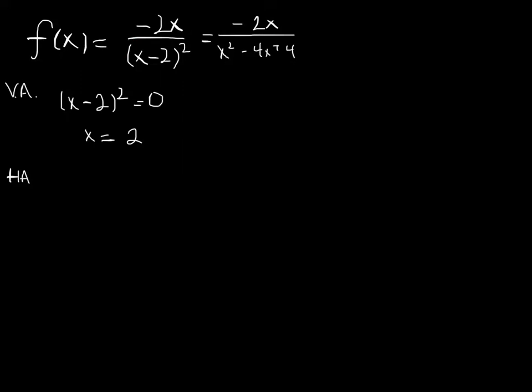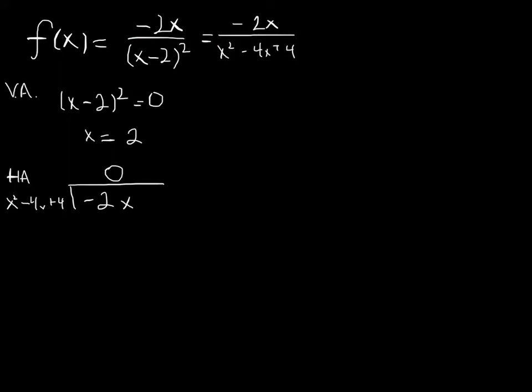And let's just say that we still don't see it, so let's go ahead and simplify more by dividing my numerator by my denominator. So we're going to divide negative 2x by x squared minus 4x plus 4. And right away you should notice, what can I multiply x squared by to get negative 2x? Nothing. There's absolutely nothing I can multiply by. That's why it goes in 0 times, and it's going to have a remainder of, well, it's pretty clear.